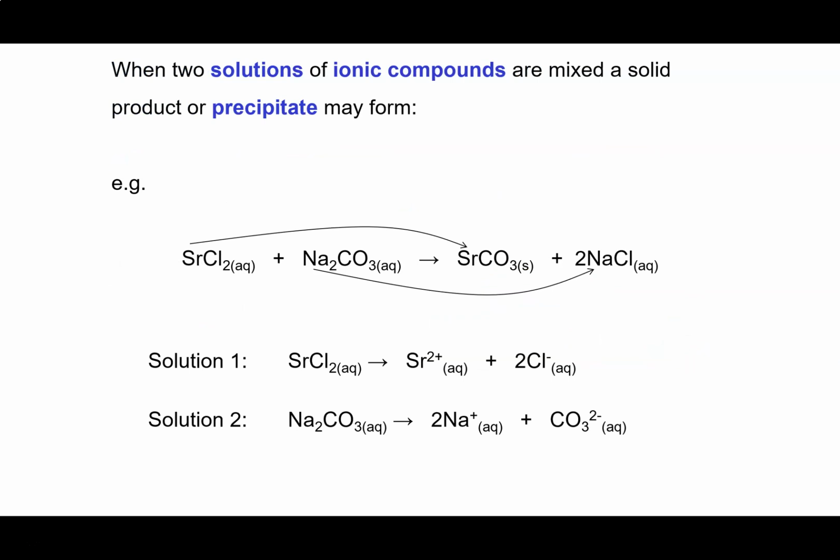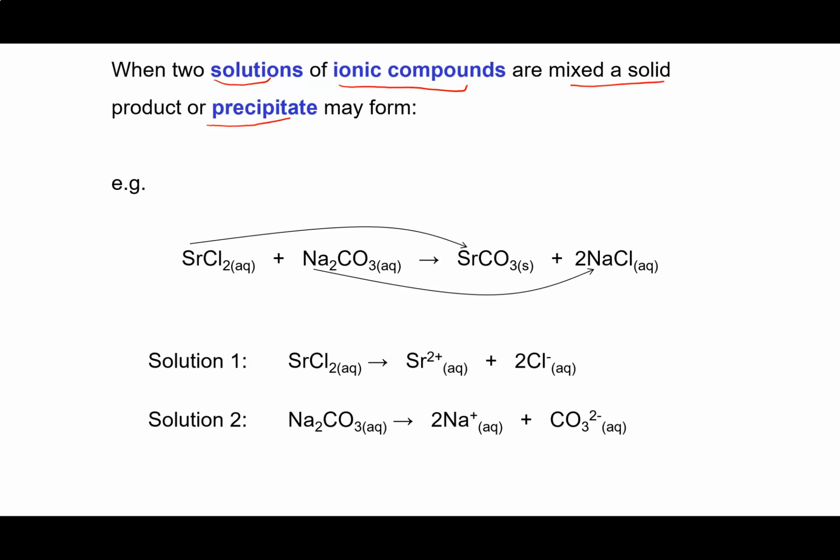So this is the crux of things. When two solutions of ionic compounds are mixed, you might form a precipitate. The ions may be able to combine in order to form an insoluble compound. So if I have two solutions of ionic compounds, what I'm going to have present are two cations and two anions.